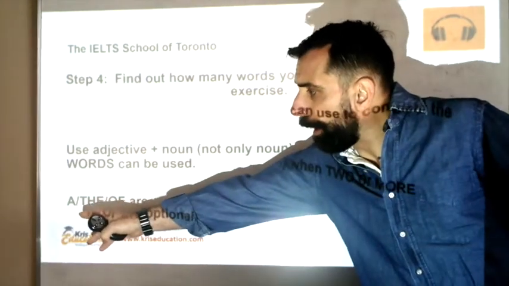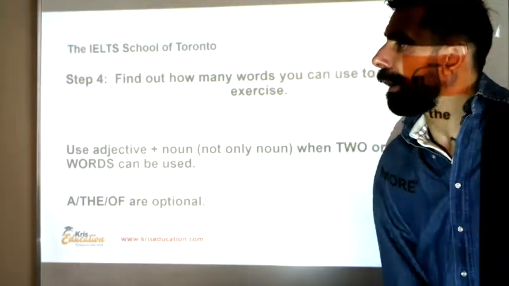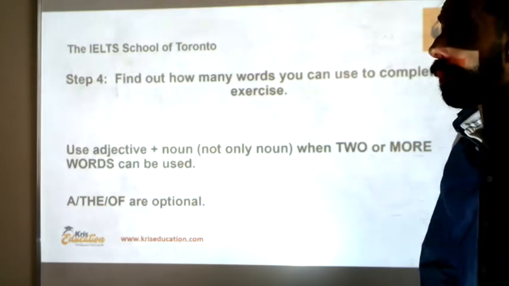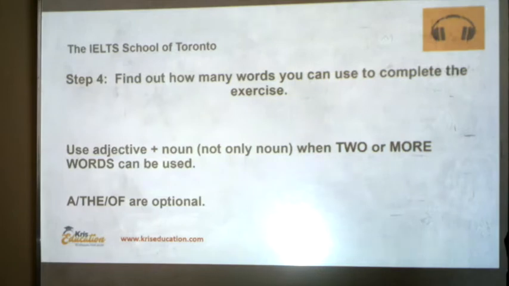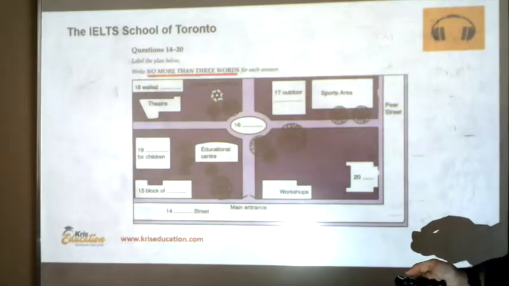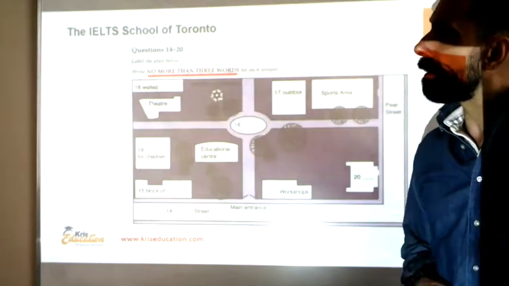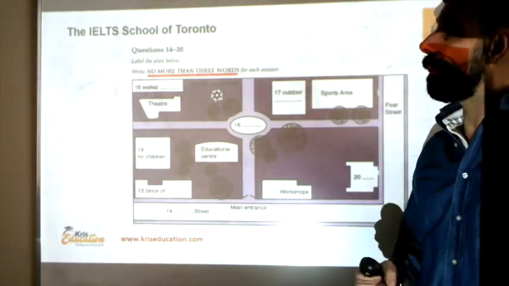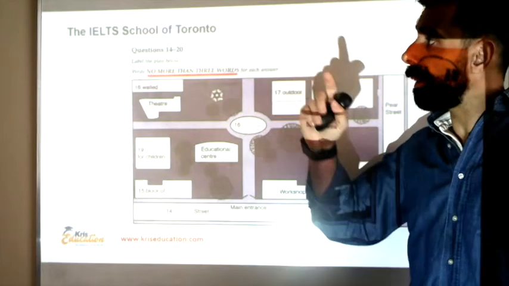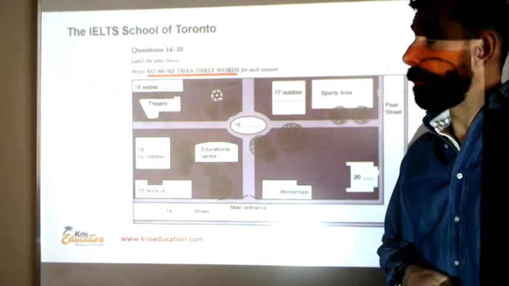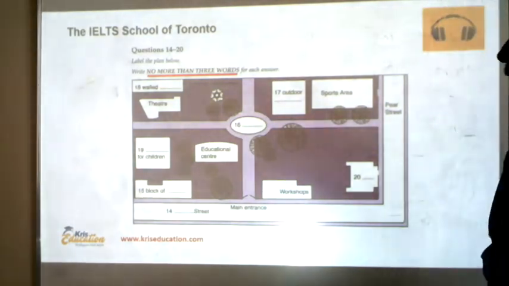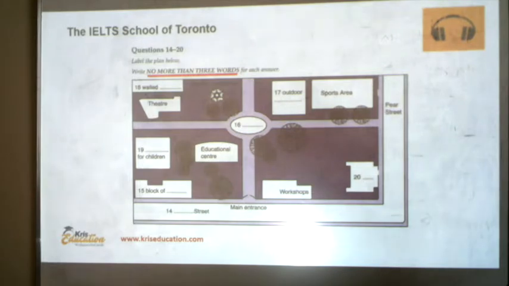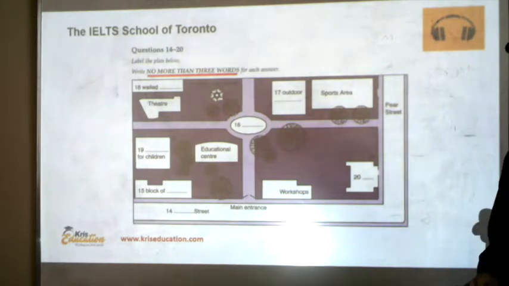Words like the, of, and so on, they are optional. They don't actually count as words in IELTS. And if the instructions say, like in this case, no more than 3 words, it is alright actually to write just 1 word because 1 word is no more than 3 words. But you need to be careful if the speaker is using an adjective and a noun.